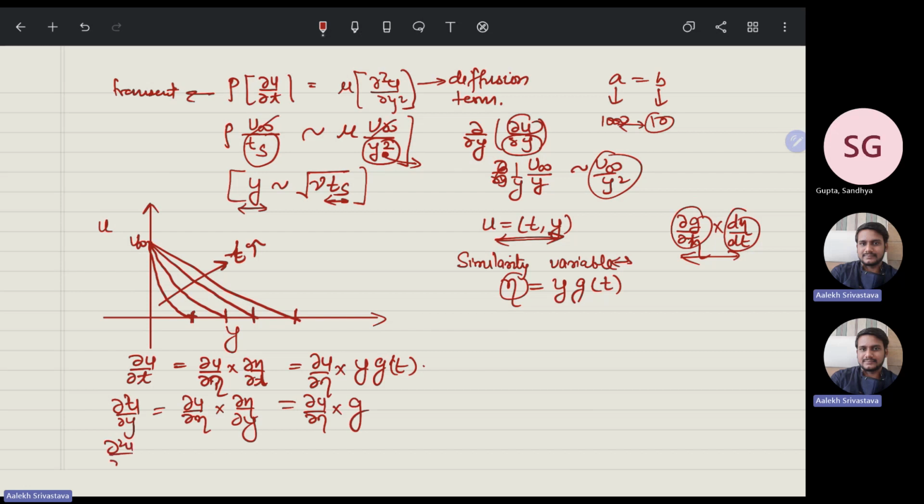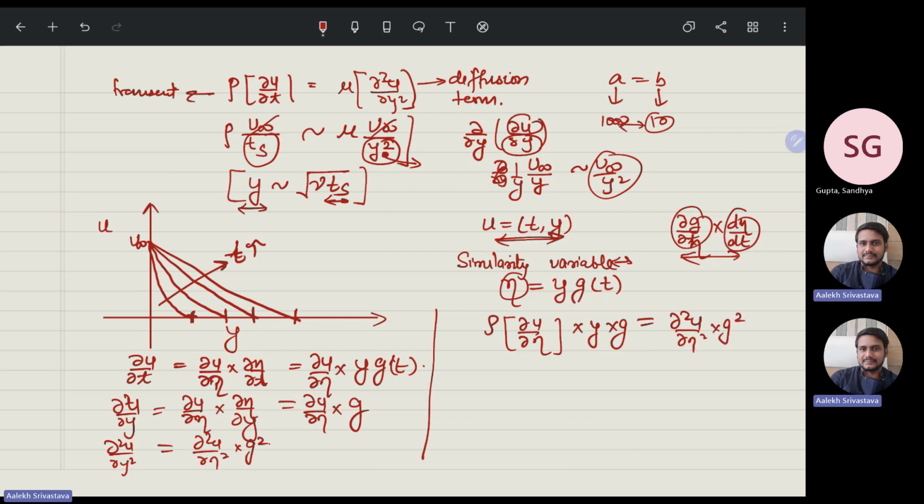If you take the derivative again, it is del 2 u by del eta square into g square. So if we simply put this in the equation, it will be rho del u by del eta into y into g prime is equal to mu del 2 u by del eta square into g square. It is g prime. Okay, this is g prime.